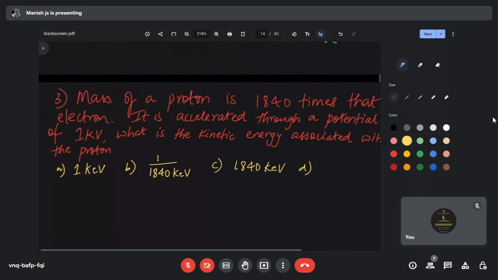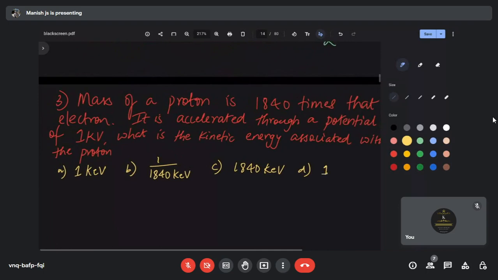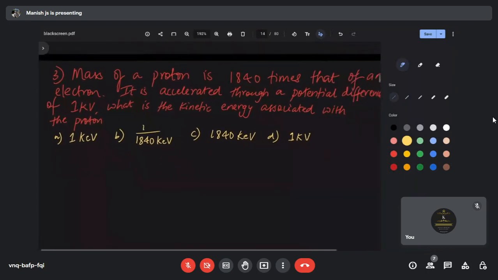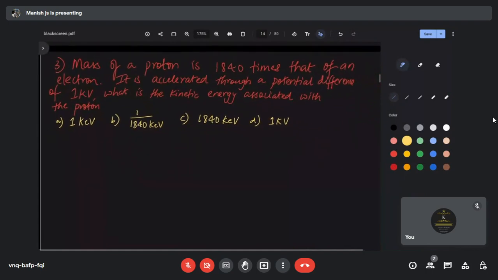And option D, 1 kilovolt. Okay, this is a question. Sir, 1 kilo electron volt.